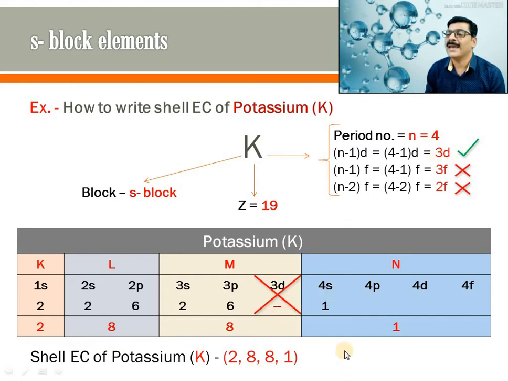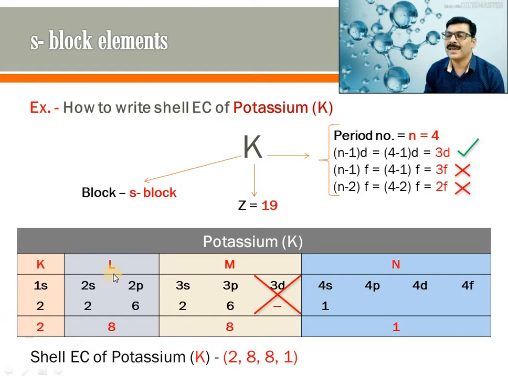Then N shell contains 4s, 4p, 4d and 4f orbital. Now then I have to fill here the electrons on the basis of capacity of orbitals. Now s orbital has 2 electrons capacity, so here 2 electrons is present, means K shell contains 2 electrons.